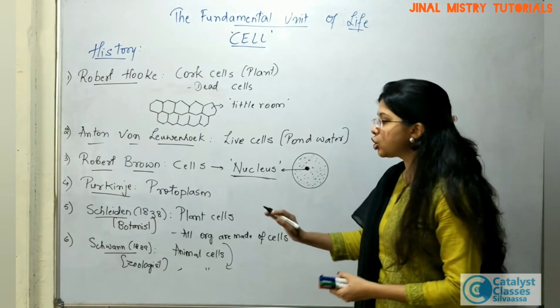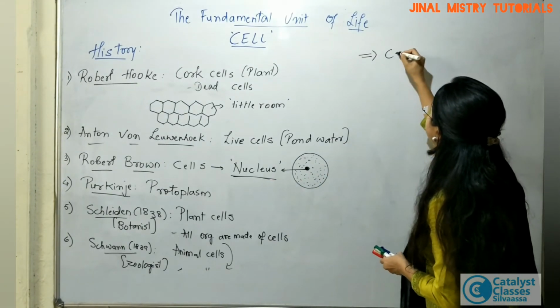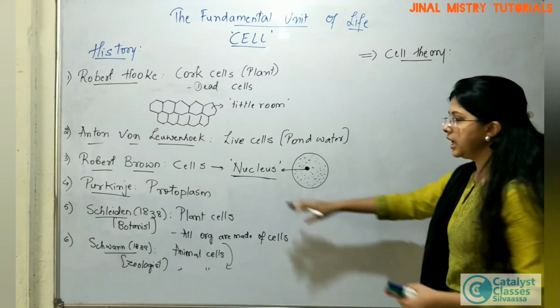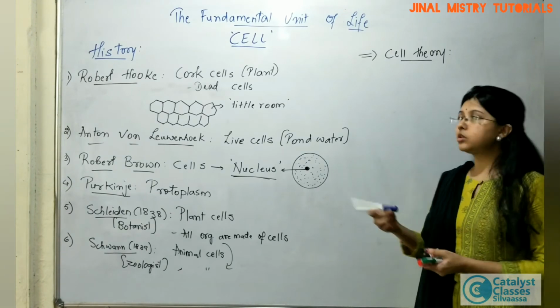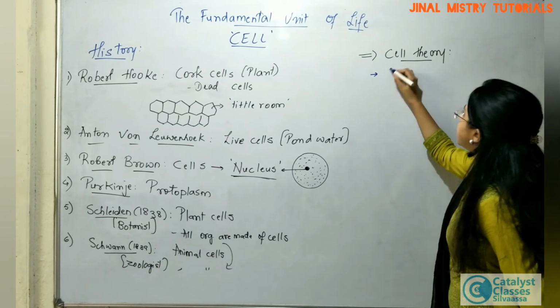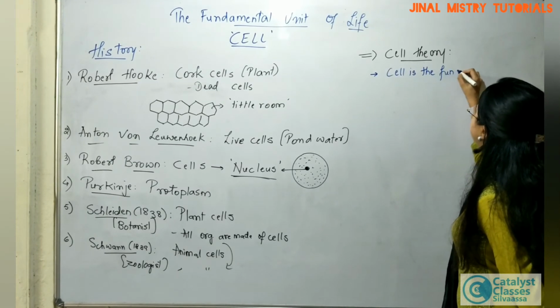Together, Schleiden and Schwann framed the cell theory. After studying the results independently, both of them studied each other's results, and they came to a conclusion and framed the cell theory, which said that the cell is the fundamental unit of life.